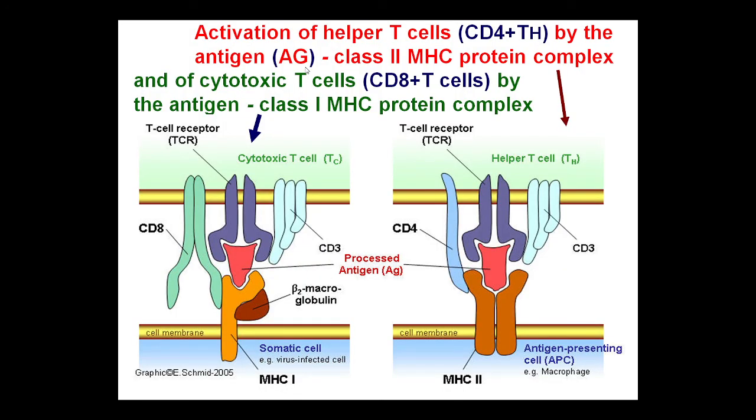What immune response would be developed depends on the presentation of antigen. If antigen, shown in red, is presented by the MHC2 molecule, the brown molecule containing two chains in the right part, this presentation is recognized by TCR of the helper cell, and the CD4 receptor of the helper cell confirms that this is a legitimate interaction.